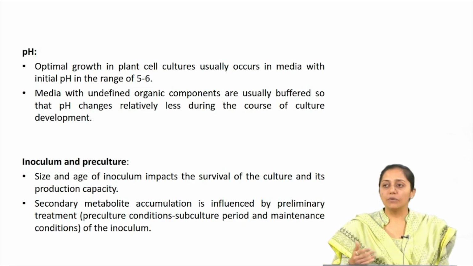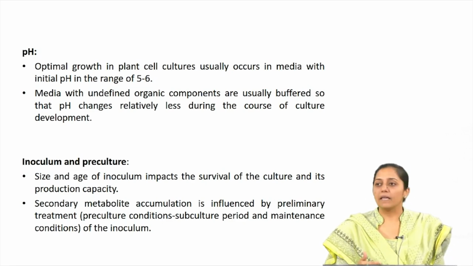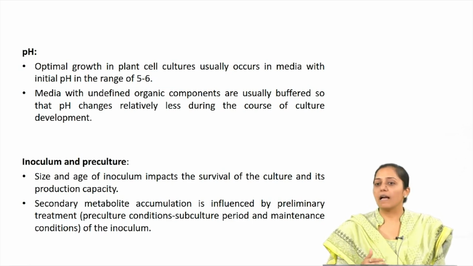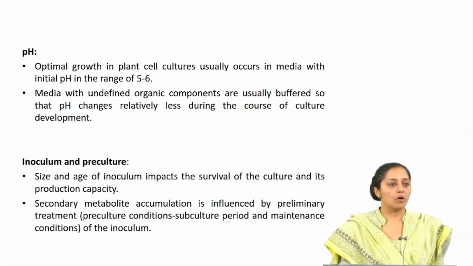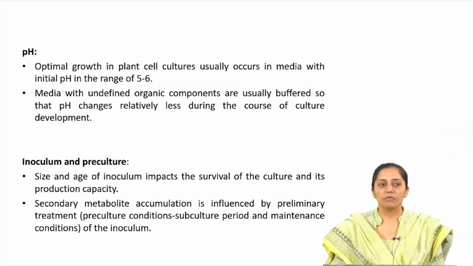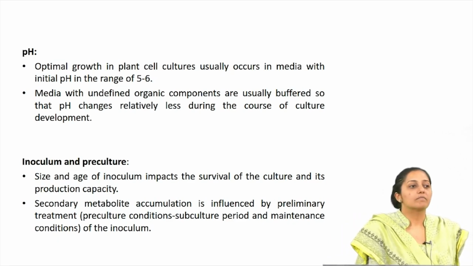Now, when you use such complex substances, your pH might get affected. So then you generally have a buffering agent. What are the most common buffering salts which are used in media? KH2PO4, potassium phosphate, potassium dihydrogen phosphate.